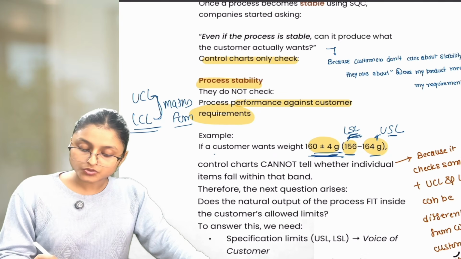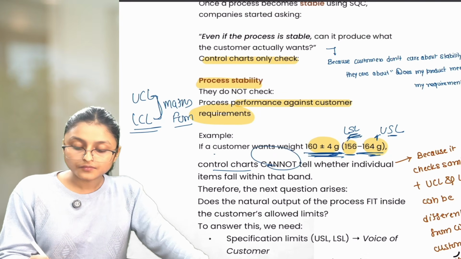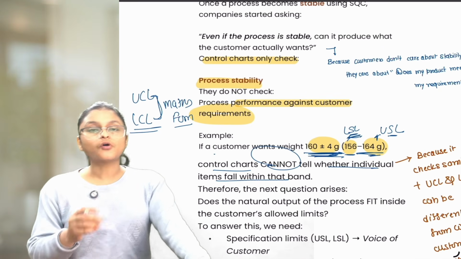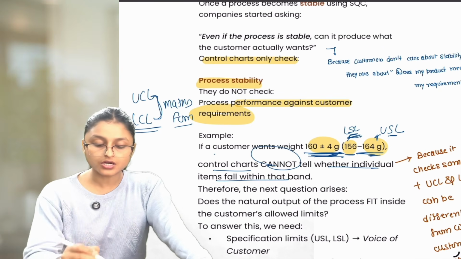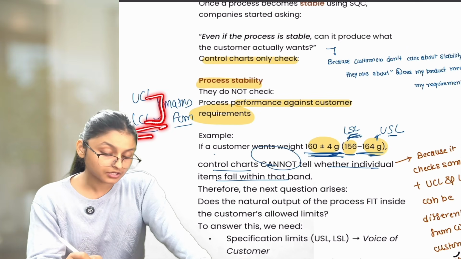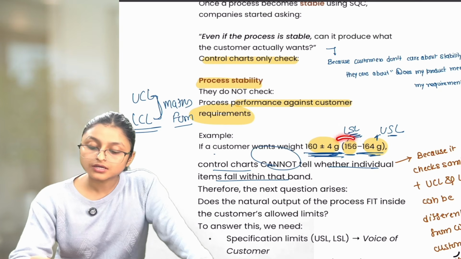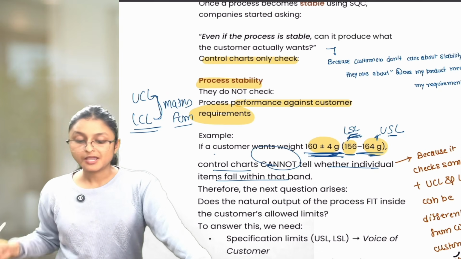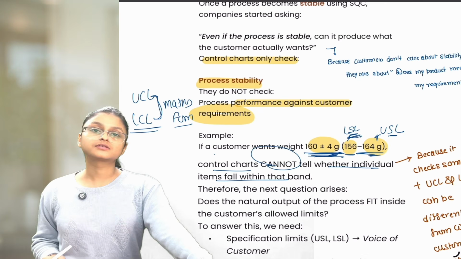If a customer wants weight between these limits, then control charts cannot tell whether individual product items fall within that band or not. Because first, your control chart uses some other upper and lower limits, and your customer can have some other limits. Plus, your control charts only check samples.